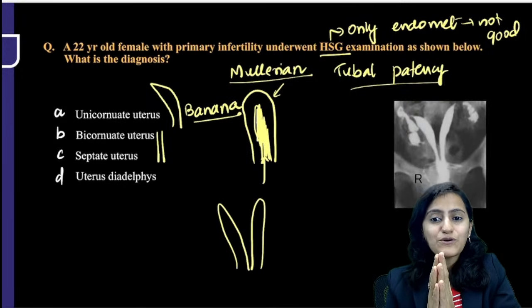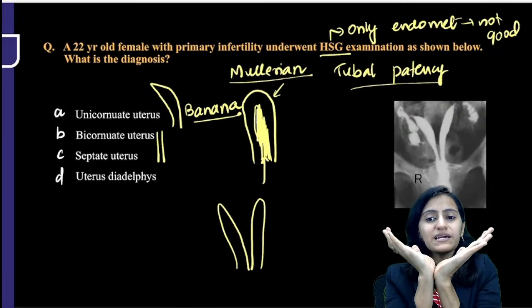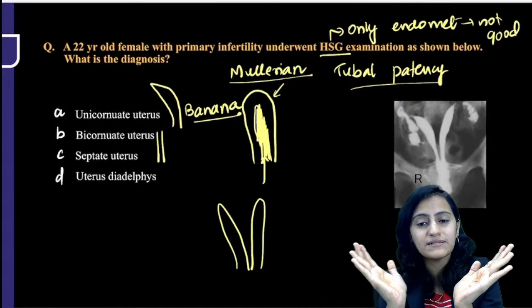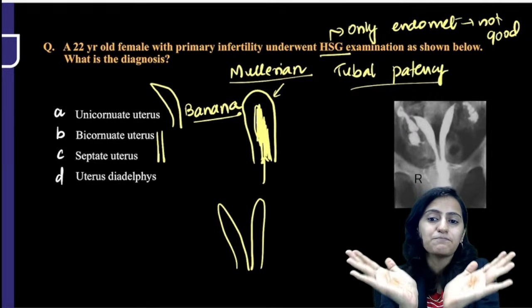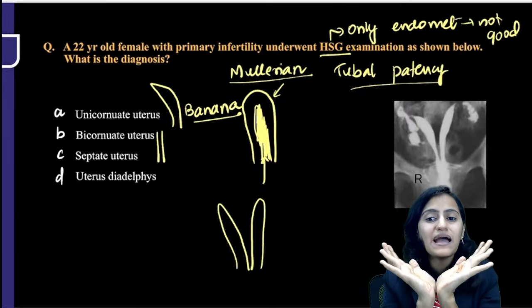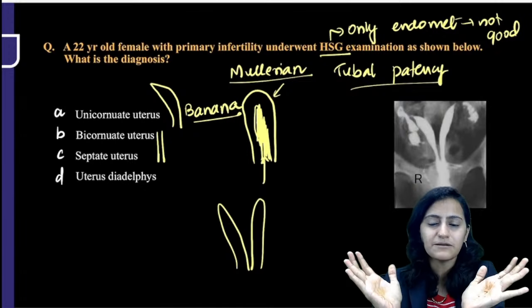In the bicornuate uterus, the problem is a fusion problem. The two Mullerian ducts fuse in the lower part, but the upper parts are separate. That means there are widely separated horns in the bicornuate uterus. So the angle between the two horns is more. It's going to be a wide separation.